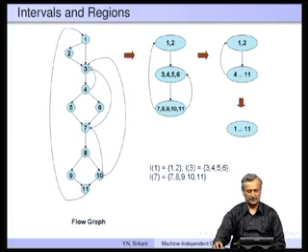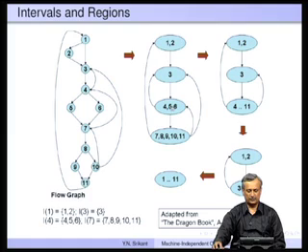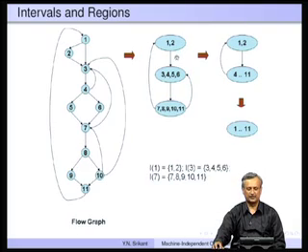So, this changes the interval structure. So, 3, 4, 5, 6 become an interval and the rest of it, 7, 8, 9, 10, 11, become another interval, and finally reduction takes place. So, each of these could be a region actually. Okay. So, no problem, an interval could be a region. So, this is an example of how regions are defined. So, there are 4 regions in this example and 3 regions in this example.